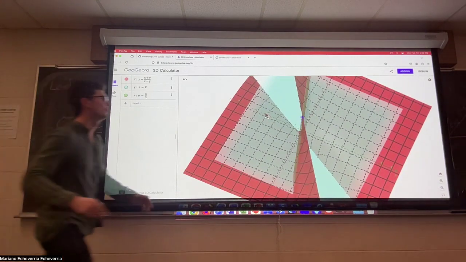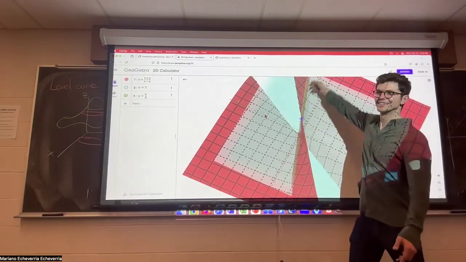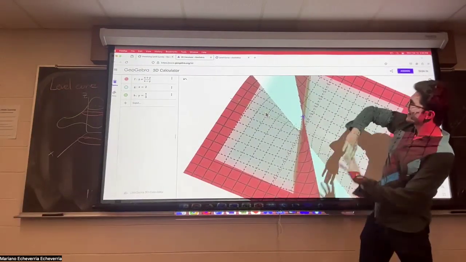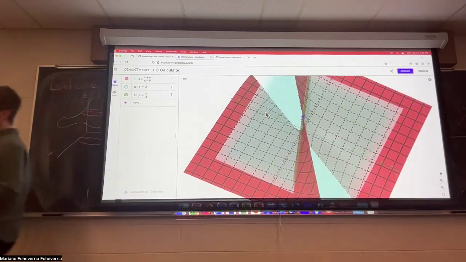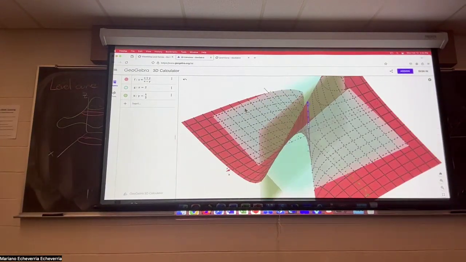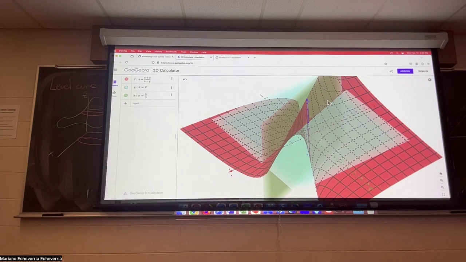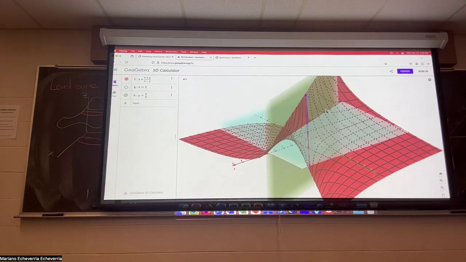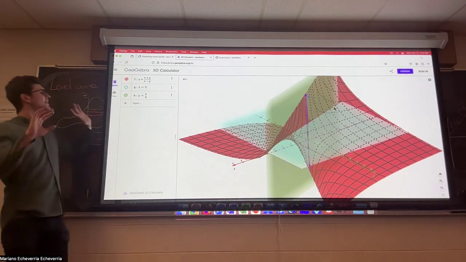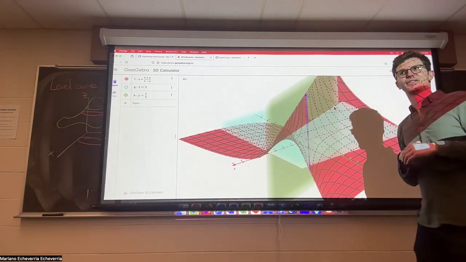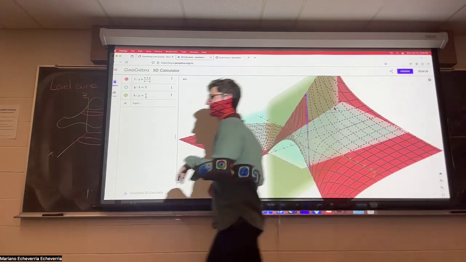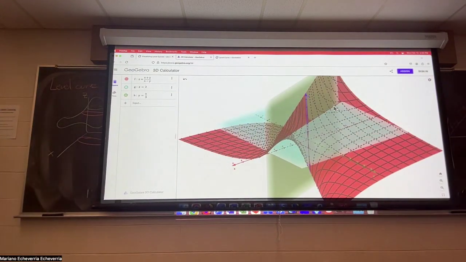So if you walk along this line, which is y equals x over 3, it is along this line that the value of the function is 2. I don't know if you can see it, but there's this line, and that's where it intersects this plane at height 2. So that is what the level curve looks like in this particular case. It takes a little bit of imagination to see it, because GeoGebra is plotting it as a plane instead of a line, but it's kind of the same.